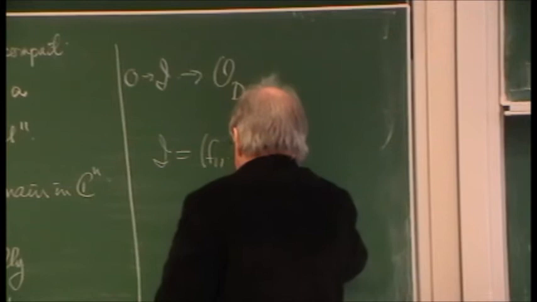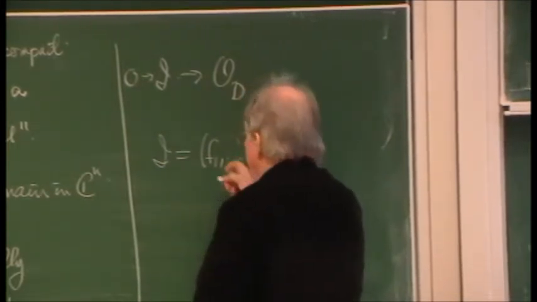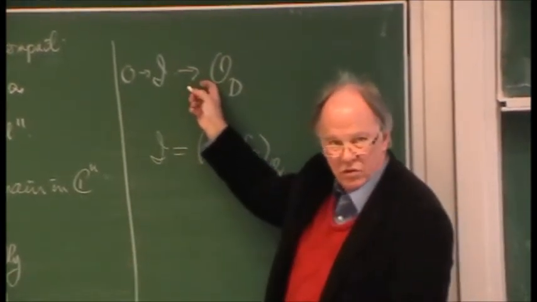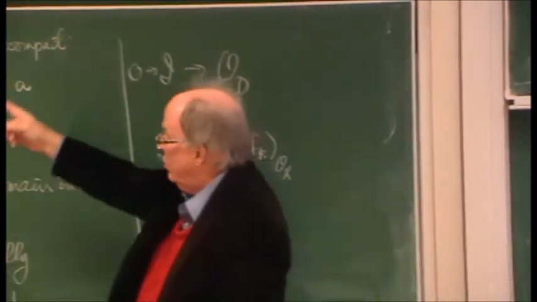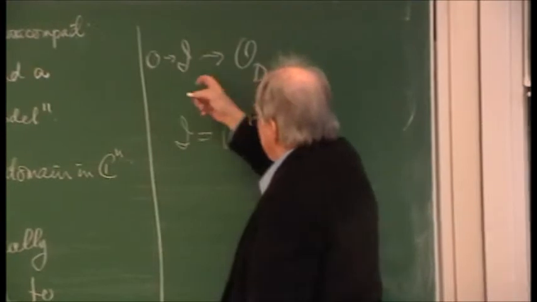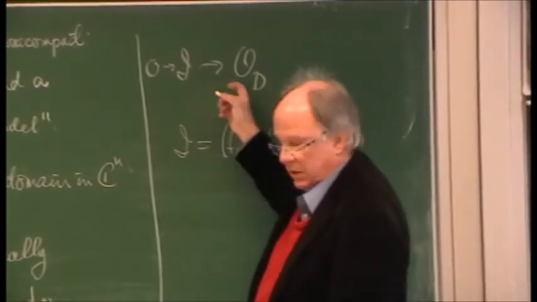This means generated as an ideal sheaf here. This is of course a ring. These stalks are all rings, so it's completely clear what an ideal subsheaf means here.